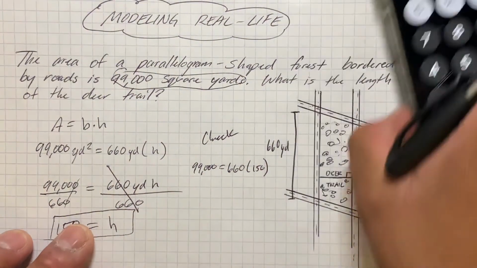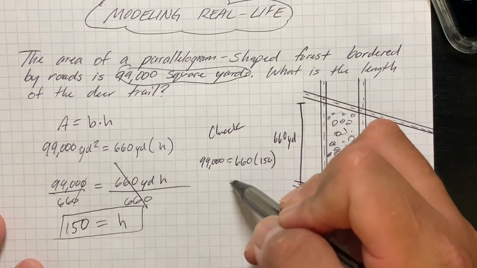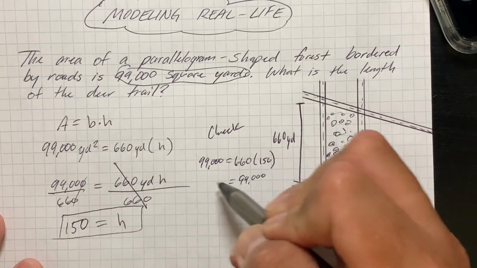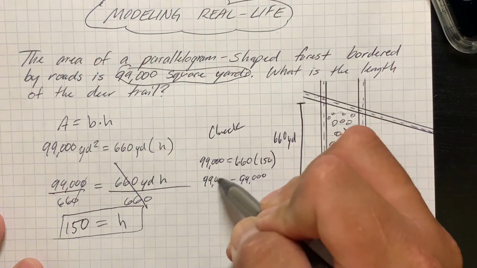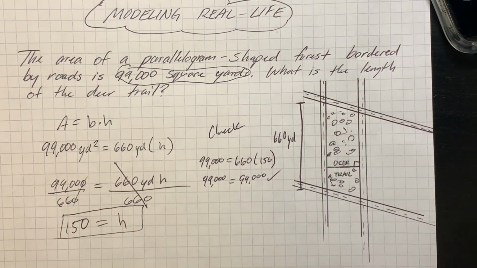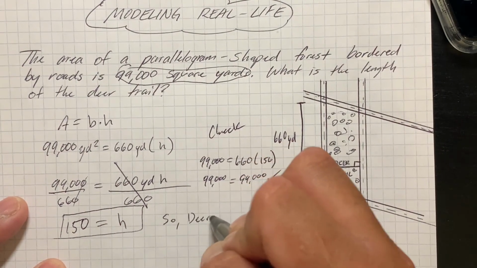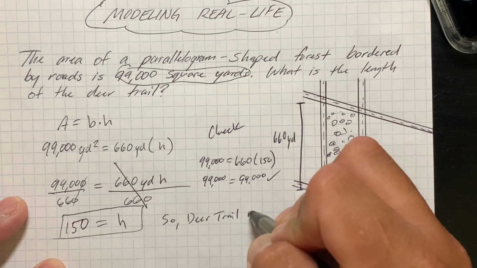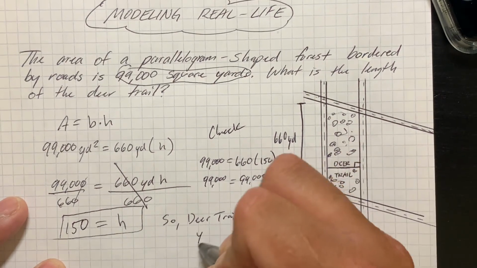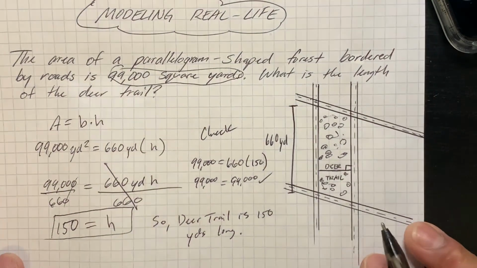So that does check, and the height really is 150 yards. Okay, so 99,000 is equivalent to 99,000. So that checks. Okay. So we're going to say that Deer Trail is 150 yards long.